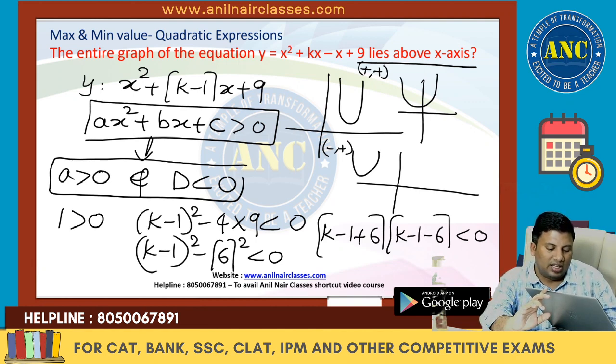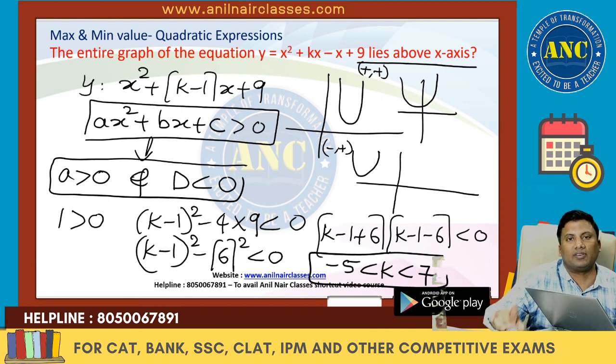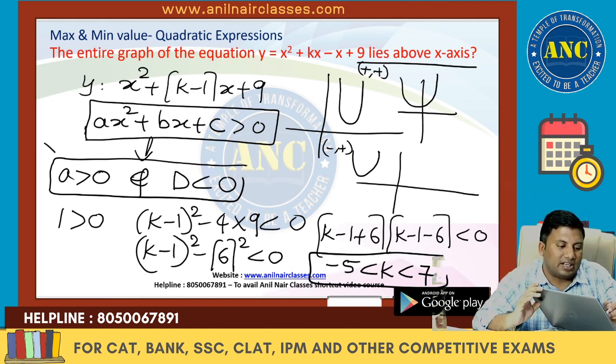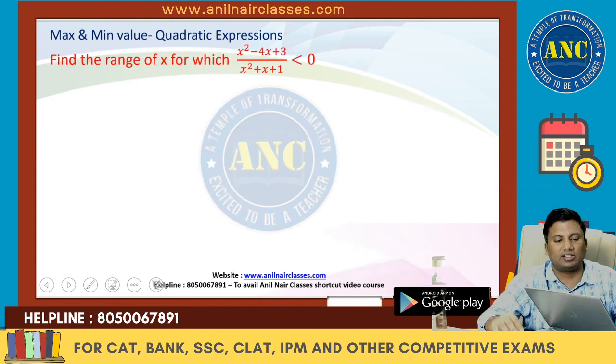So the answer is minus 5 less than k less than 7. The range of k lies from minus 5 to 7. I told you, if the graph is lying above the x-axis, the expression will be greater than 0. If it is greater than 0, the condition will be a greater than 0 and D less than 0.